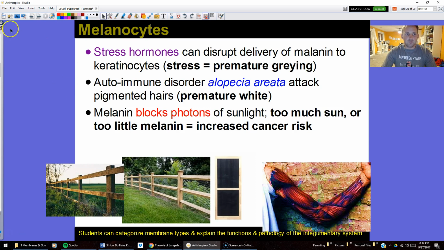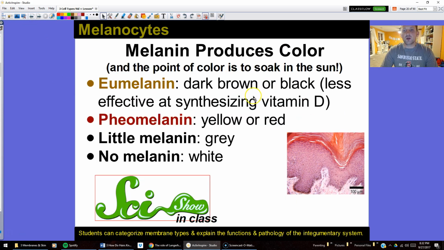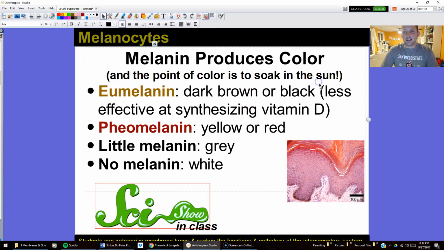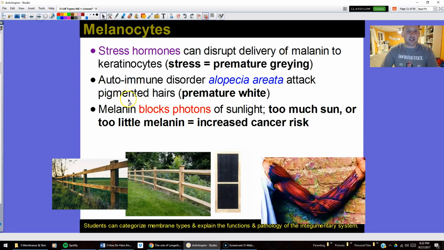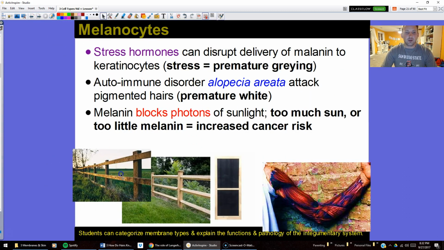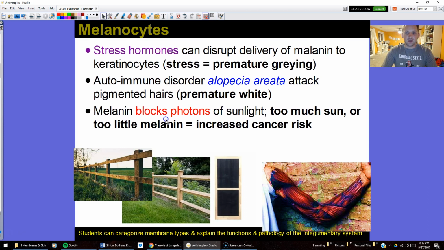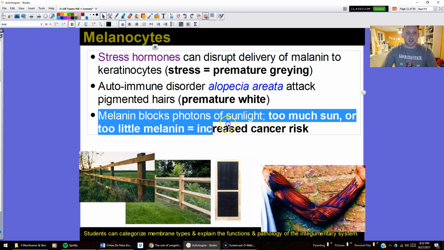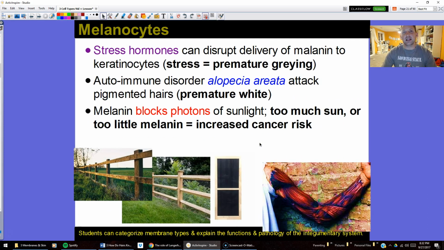So let me make an analogy. I just alluded to something it was good at and something it wasn't good at. It kind of gave it away a little bit. I'm going to make an analogy first. Melanin basically acts as a guard, a shield against the photons of the sun, the energy molecules from the sun.